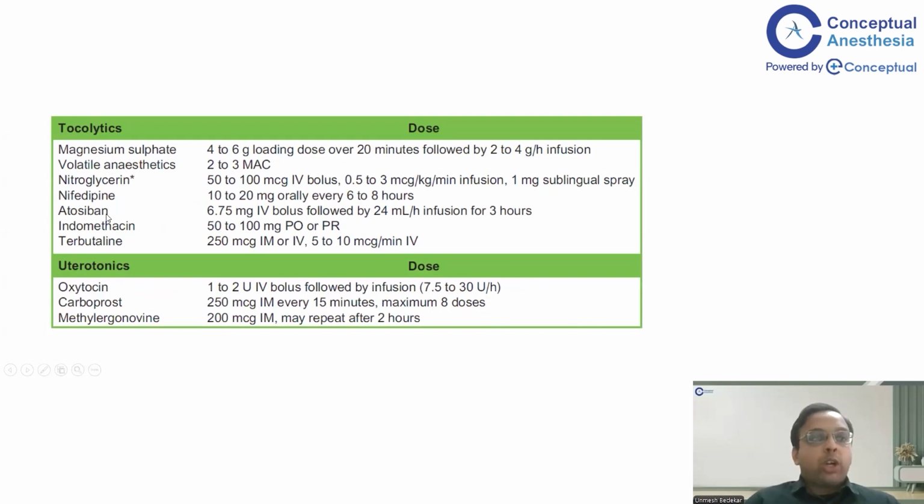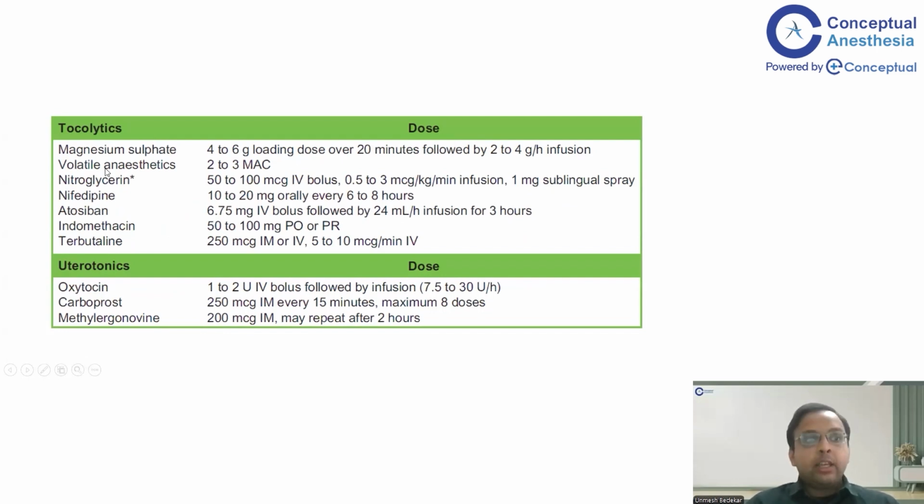Tocolytics, what are the different tocolytics that can be used clinically? Magnesium sulfate, NTG, calcium channel blockers like nifedipine, atosiban, which is an oxytocin antagonist, NSAIDs like indomethacin, and terbutaline. All these are tocolytics. Magnesium sulfate in the dose of 4 to 6 gram loading dose over 20 minutes, followed by 2 to 4 grams per hour of infusion can be given.